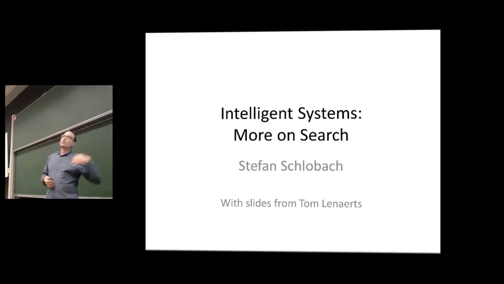But there are some quite interesting algorithms and ideas, and also some classics of AI research of the last millennium that I think are worth discussing, and that's what we're going to do today.